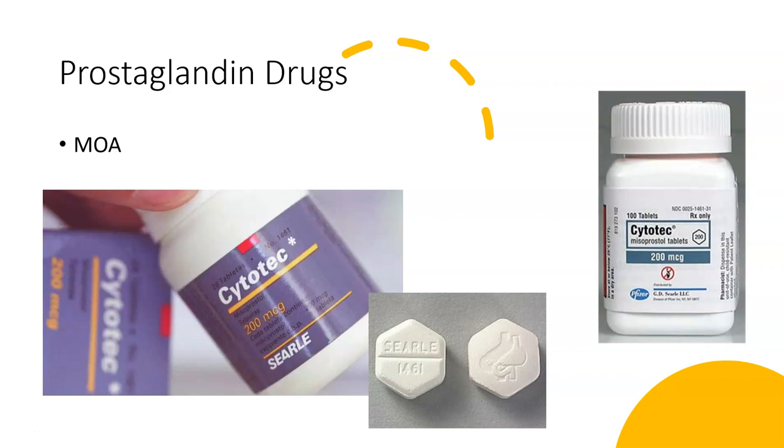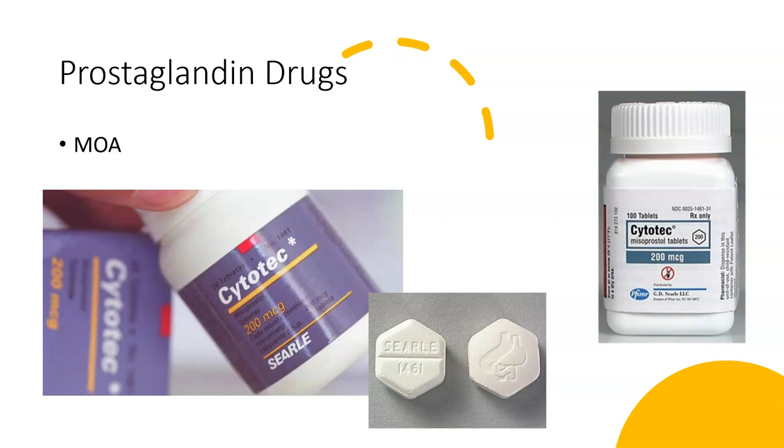Some medications will interfere with the body producing prostaglandins, especially the drugs that stop inflammation, like aspirin, steroids, and NSAIDs. Those are all prostaglandin inhibitors. Taking those medications can increase a risk of getting a stomach ulcer.